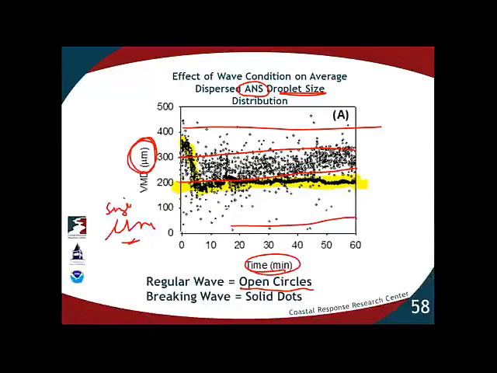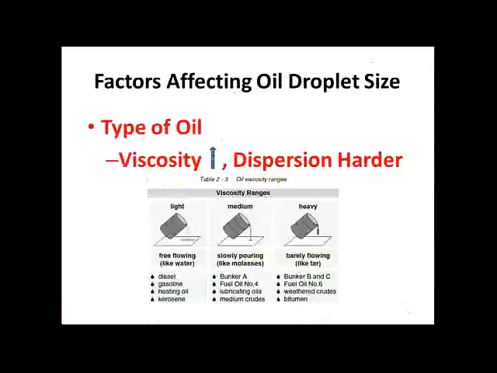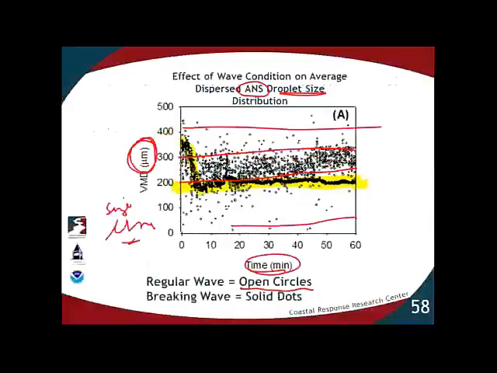So if you want to get lots of smallish droplets of an even size distribution, the breaking wave is better. Now, of course, we don't control what types of waves there are. The types of waves are a function of the wind and whether you have a storm, right? Any questions about mixing energy and dispersion before I go on?